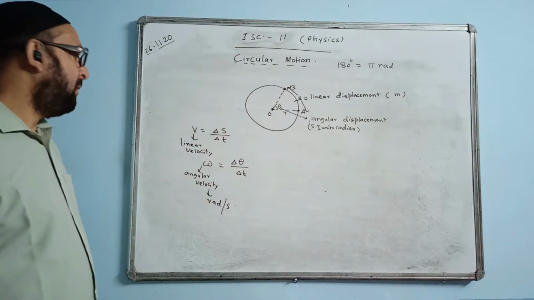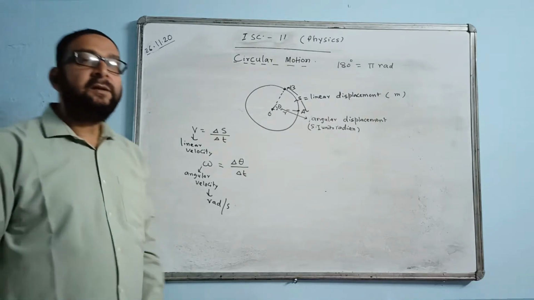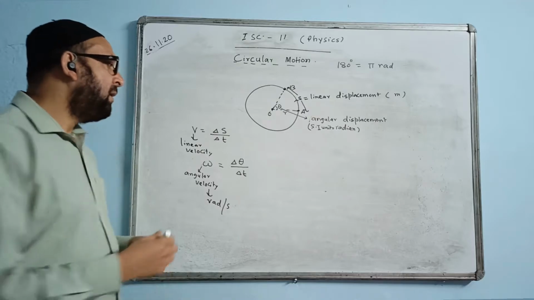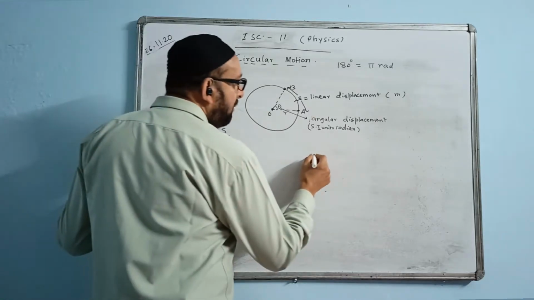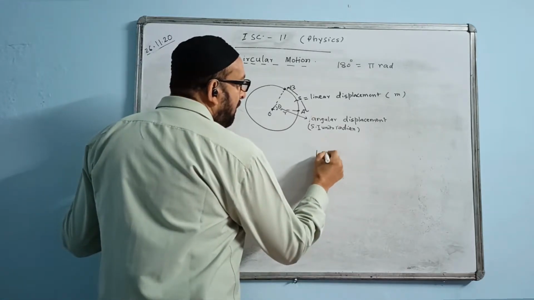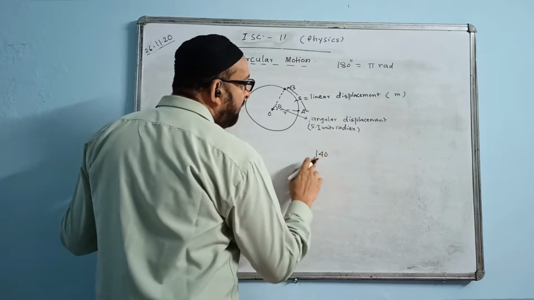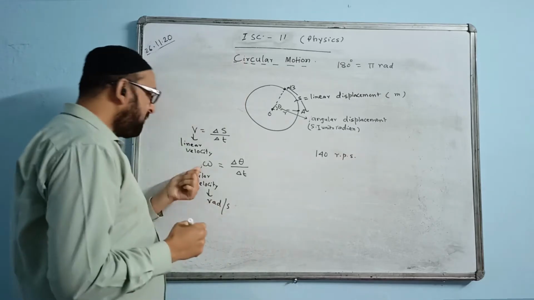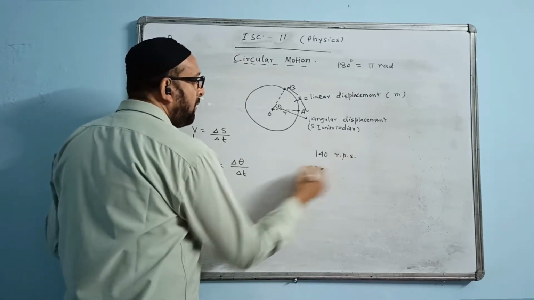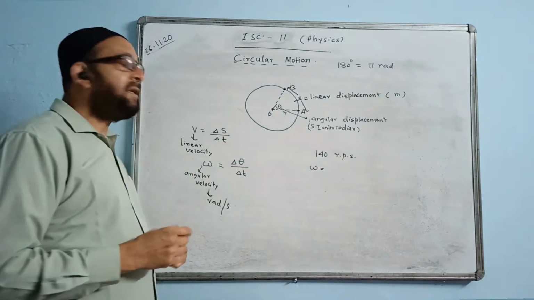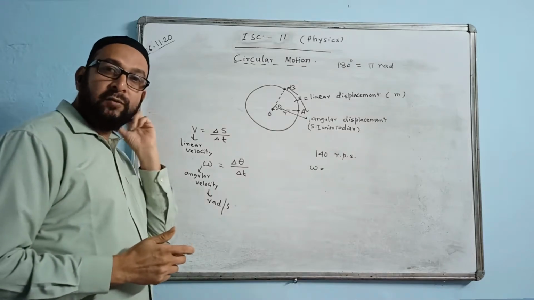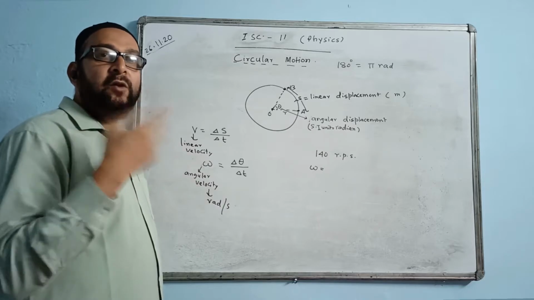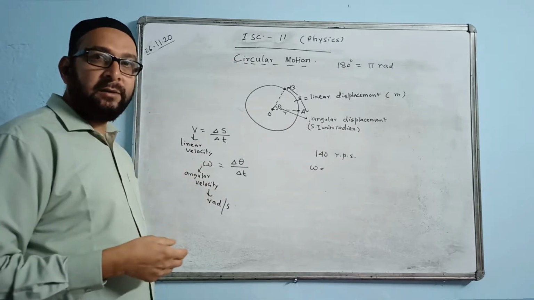By the way, sometimes the number of revolutions per second is given. They say RPS. A body is moving with a speed of revolution of 140 RPS. So what is the value of omega? This one will be changed into radian per second. R stands for revolutions per second or rotations per second.